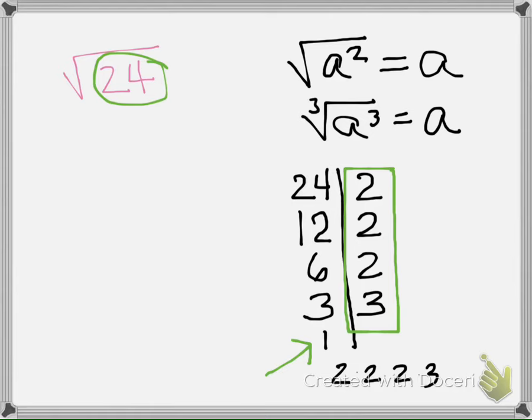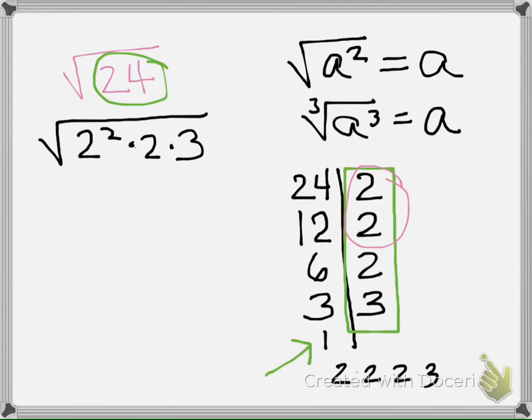Since I'm looking for perfect squares, I'm looking for any factor that has been repeated twice. It looks like I have two of the 2's. So I'm going to come back over to my problem and rewrite it as 2 squared times 2 times 3.